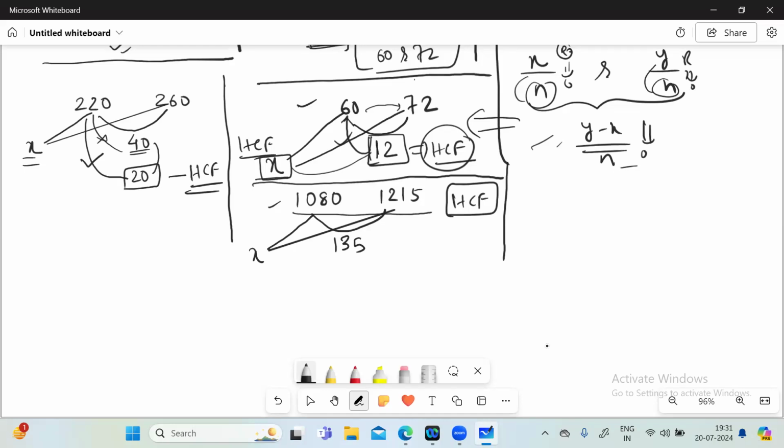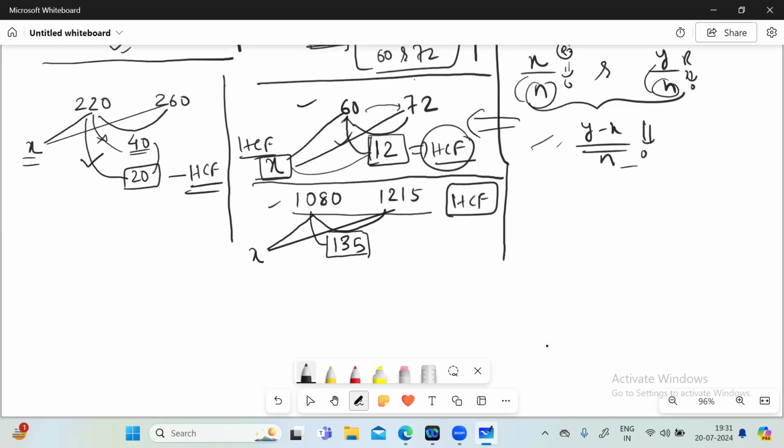So this is the difference. So now I'll start checking from 135 whether 135 divides 1080 or not.